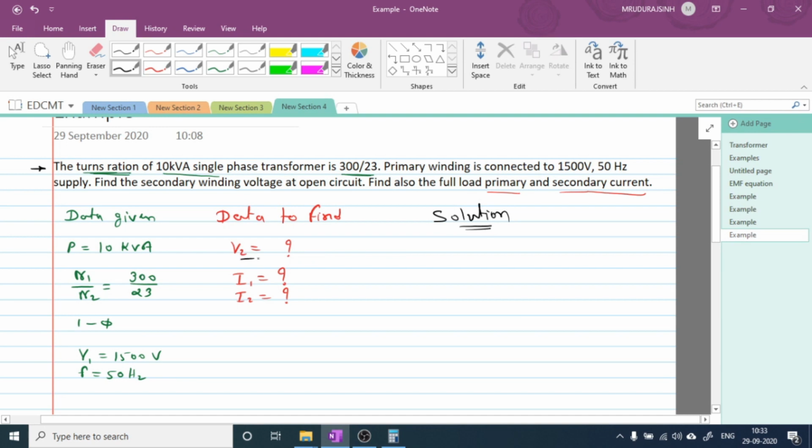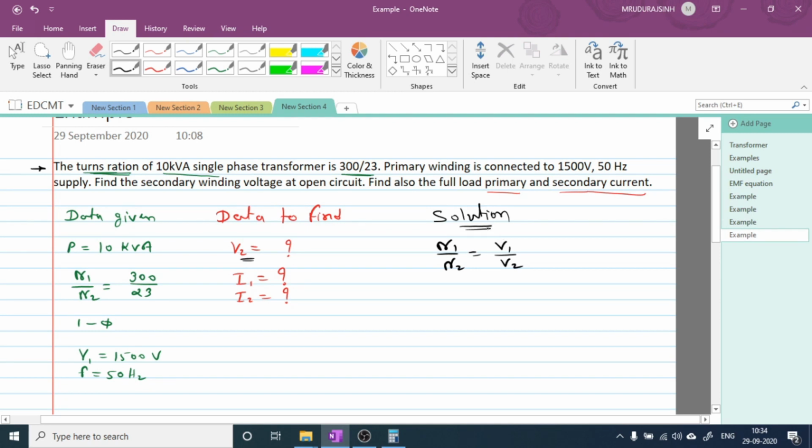So first we need to find V2, right? And one of the equation of number of turns and voltage that we have seen over one of the previous session, right? That is N1 by N2 is equal to V1 by V2.